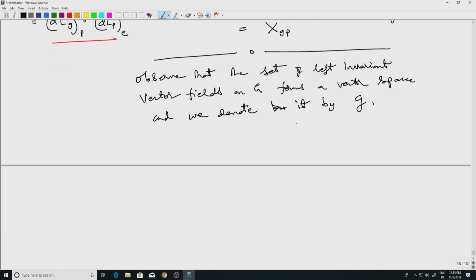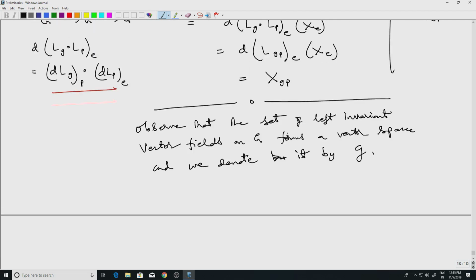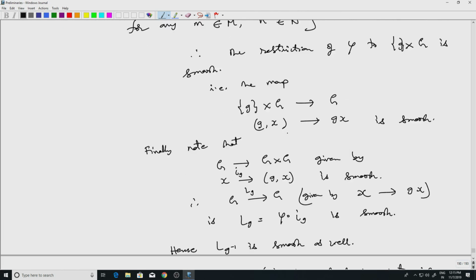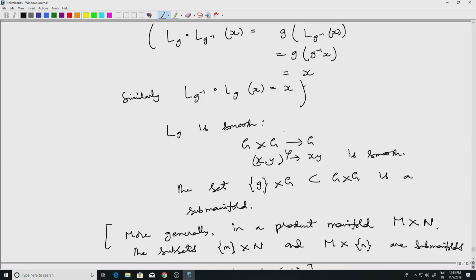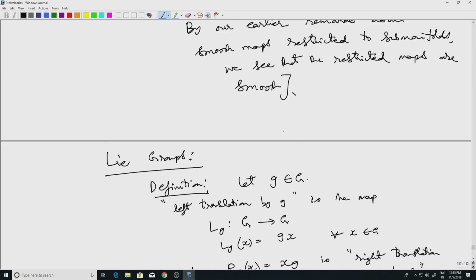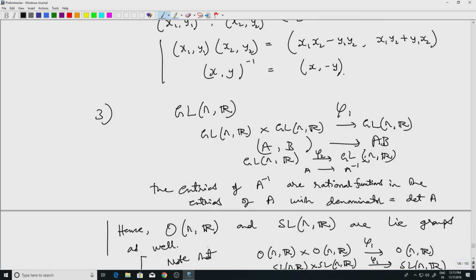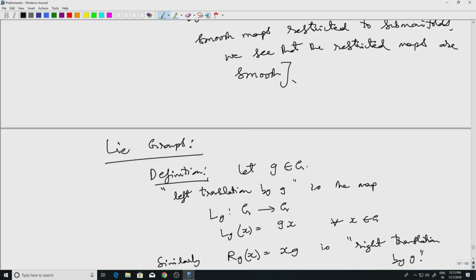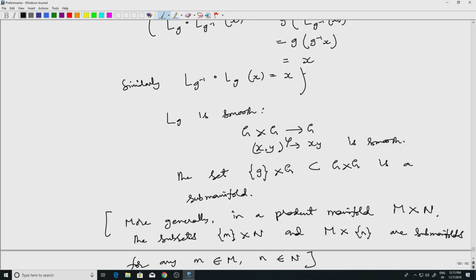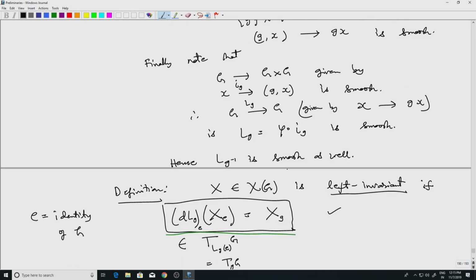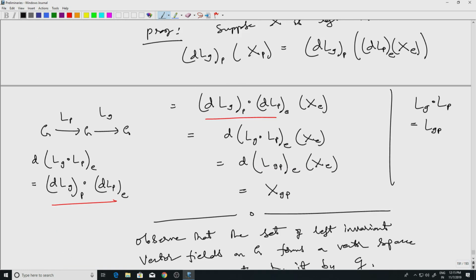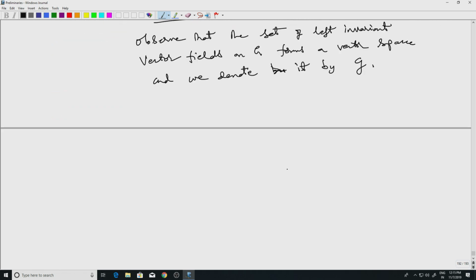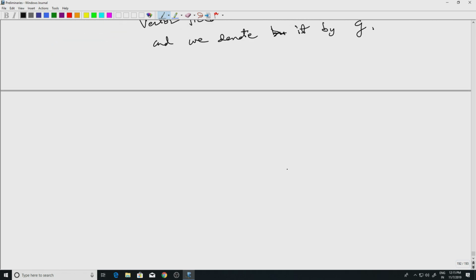Now, as I remarked in the last lecture, the set of all vector fields on a smooth manifold is not a finite dimensional vector space. The same thing holds true on a Lie group as well: the set of all vector fields is certainly not finite dimensional.